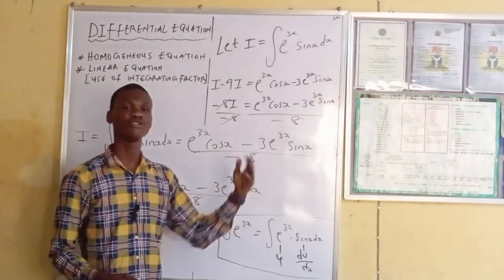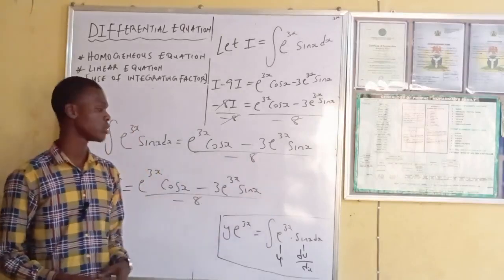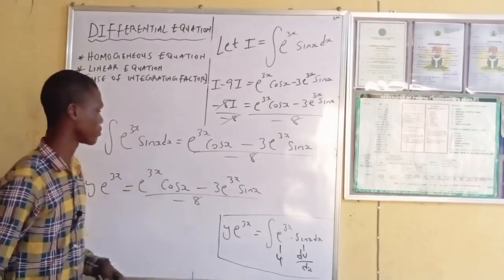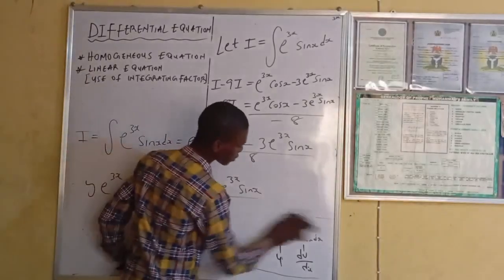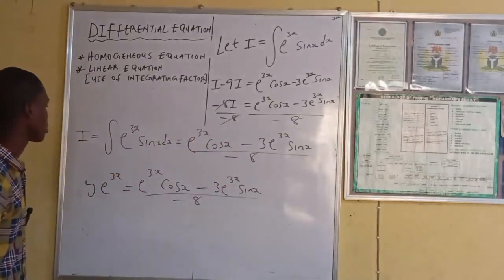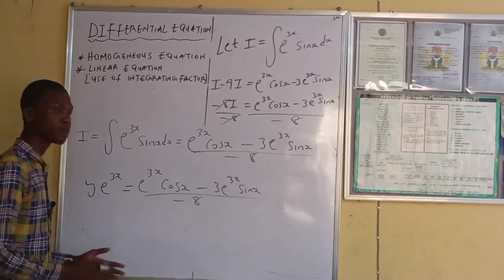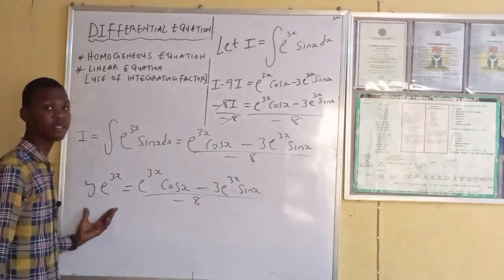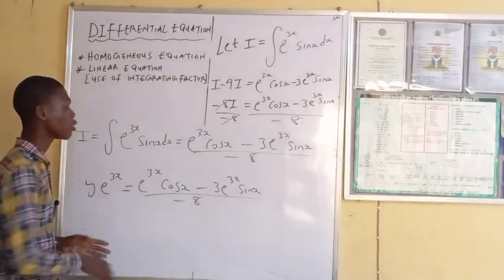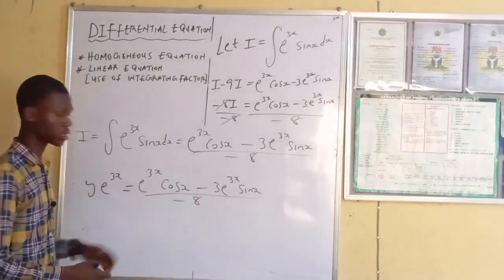We are doing integration in differential equations. So you have to be solid in your integration. So from here, to get y, multiply both sides by the reciprocal of exponential 3x, or you say divide all through by exponential 3x.